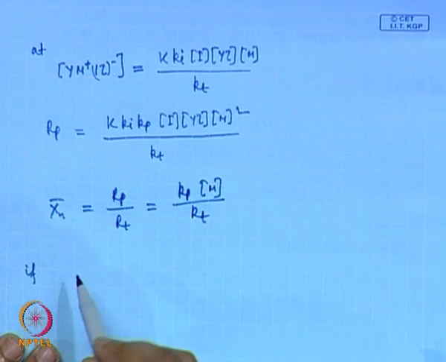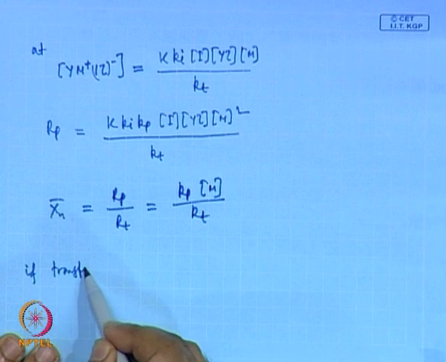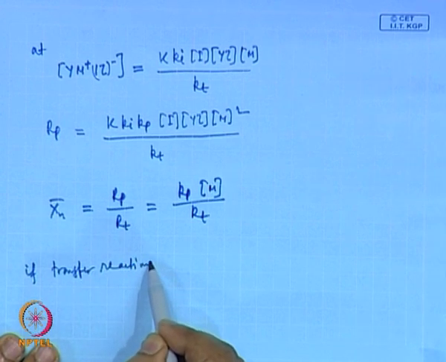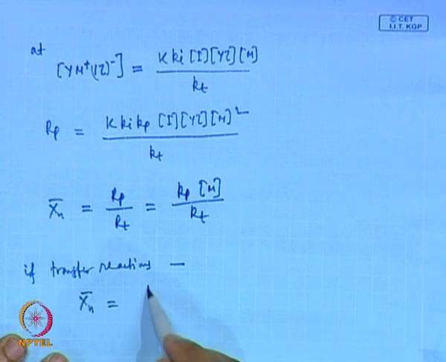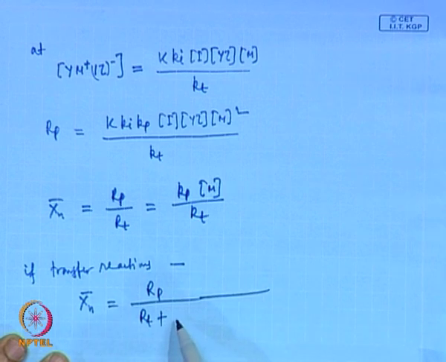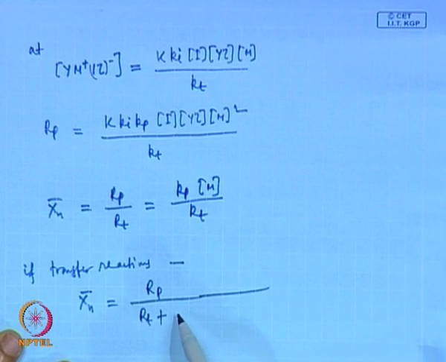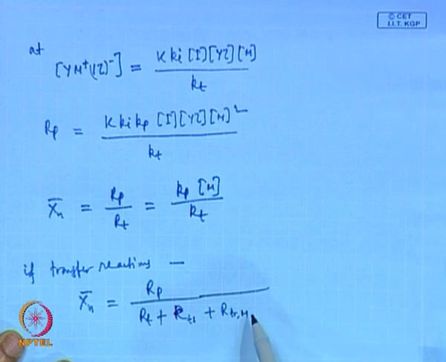Now, similarly, if transfer reactions happen, I can write Rp plus the summation of all the chain terminating reactions. So, Rt plus R transfer monomer plus R transfer solvent and so on.